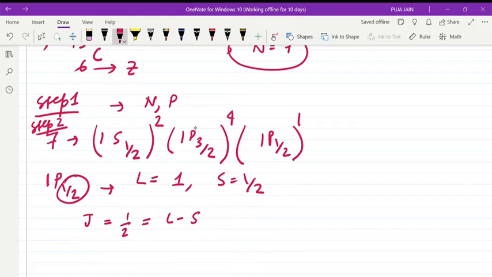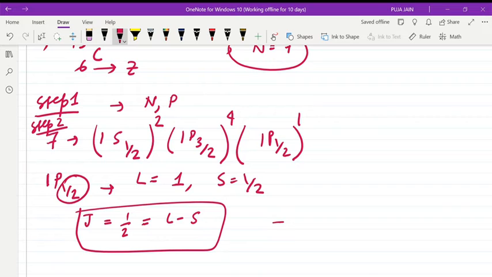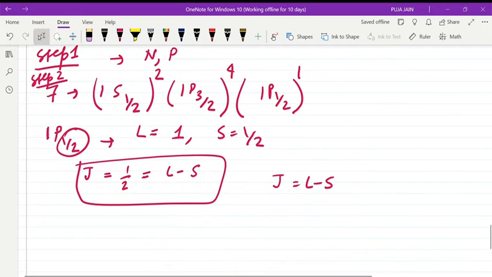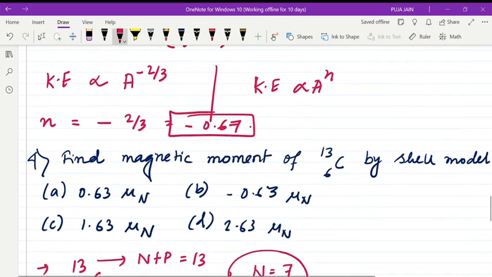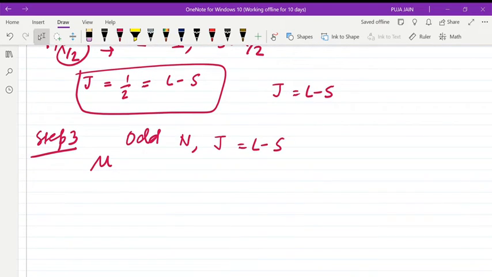So you have to find whether J is written as L minus S or L plus S. Here J is written as L minus S. So step 3: when the odd nucleon is a neutron and J is expressed as L minus S, then the magnetic moment μ formula is 1.91 J by (J plus 1) into μN.